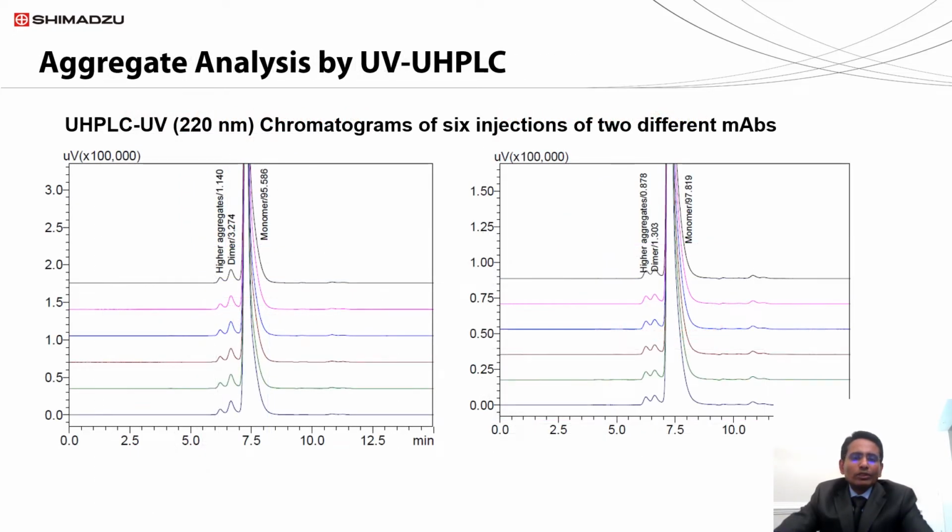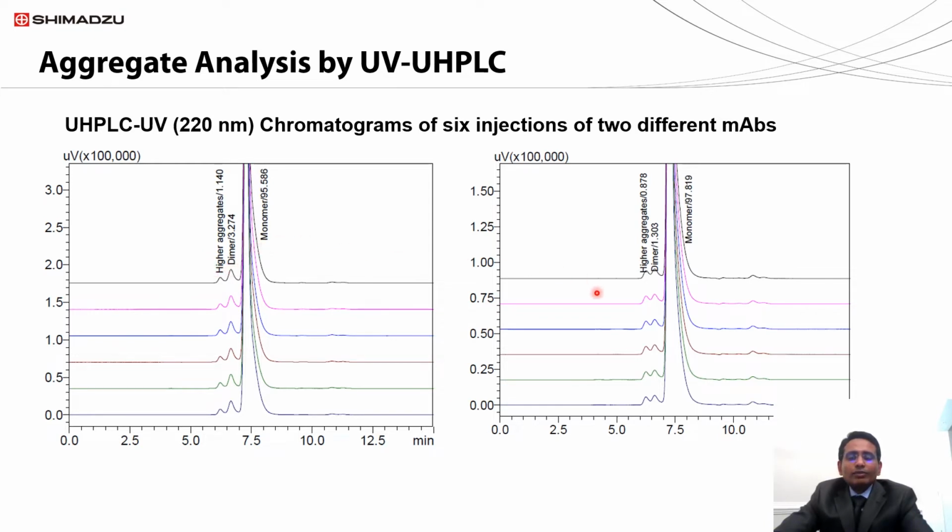Now I am going to show protein aggregate analysis by UV-UHPLC. We use 200 nanometers for this analysis. You can see we injected both mAbs 6 times, so they are very nicely reproducible. You can see here higher aggregates and then dimer and then monomer.